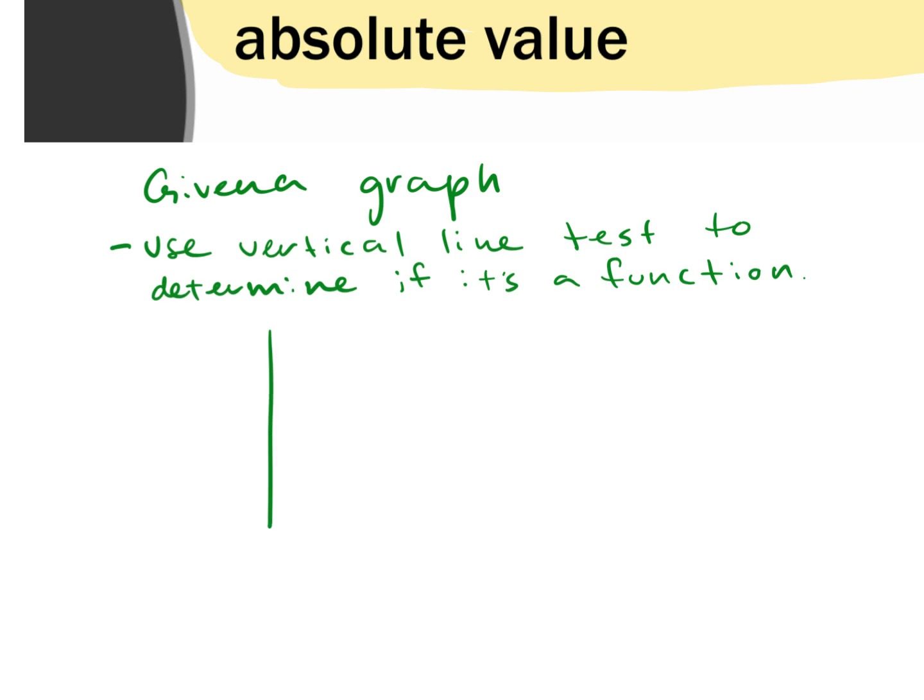So let's say I'm going to give us 2 graphs here. Let's say I had one graph that was a circle, and then another one that was just a line.